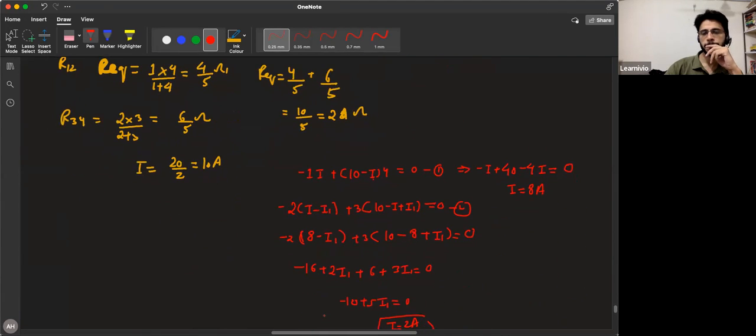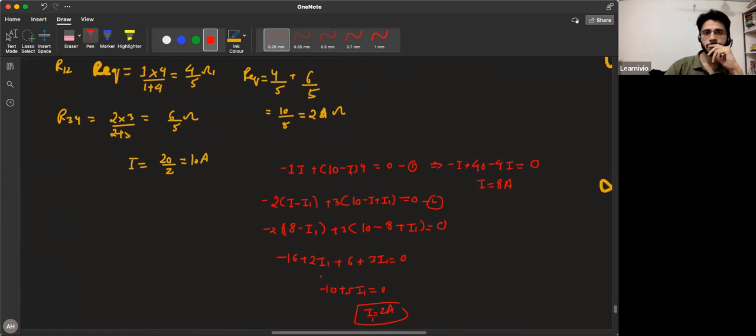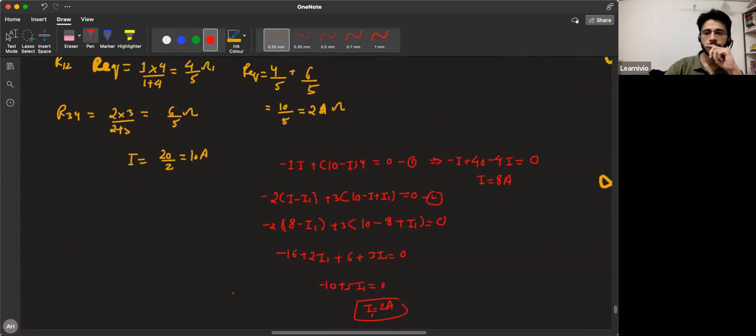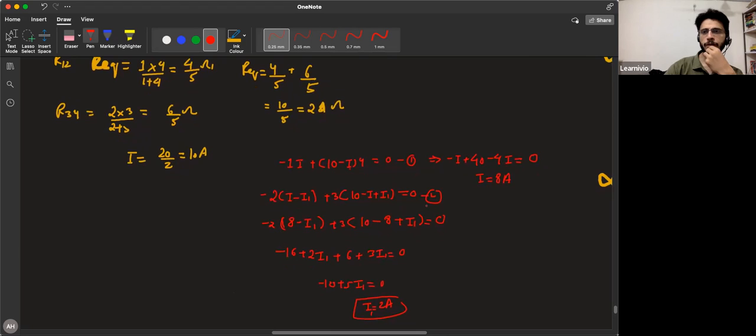Akshay, Nabil, is it clear? Yes, sir. So again, there's nothing which is not in NCERT.